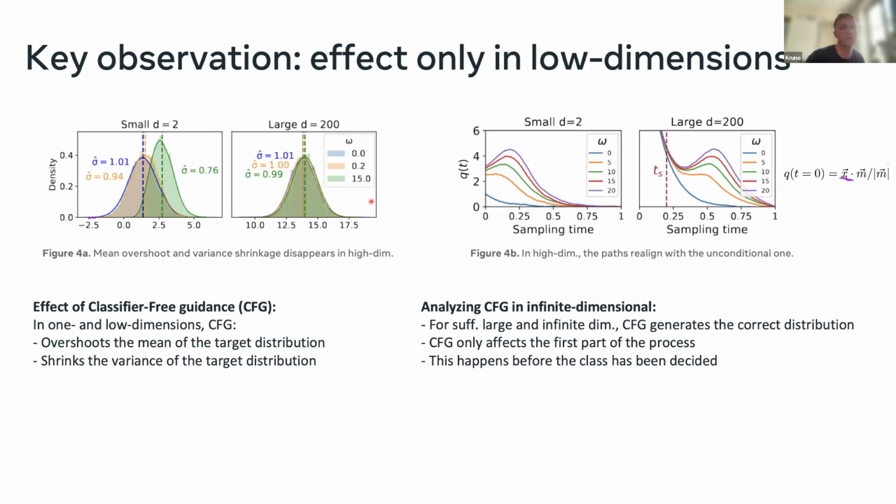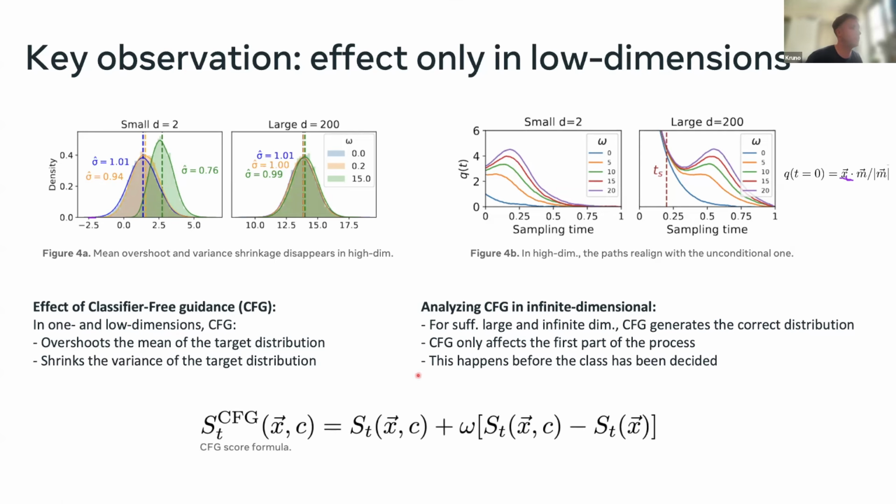Now, we wanted to ask ourselves, why does this happen? What is actually happening? To spoil our results, we analyzed this score and showed that in small dimension, if you look at the difference between the correct path, which is the unguided path, and the paths using stronger and stronger guidances, these paths diverge at the very beginning.